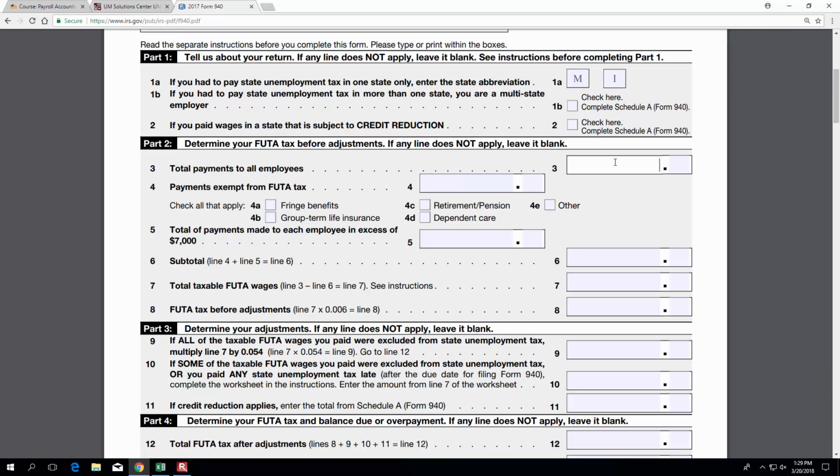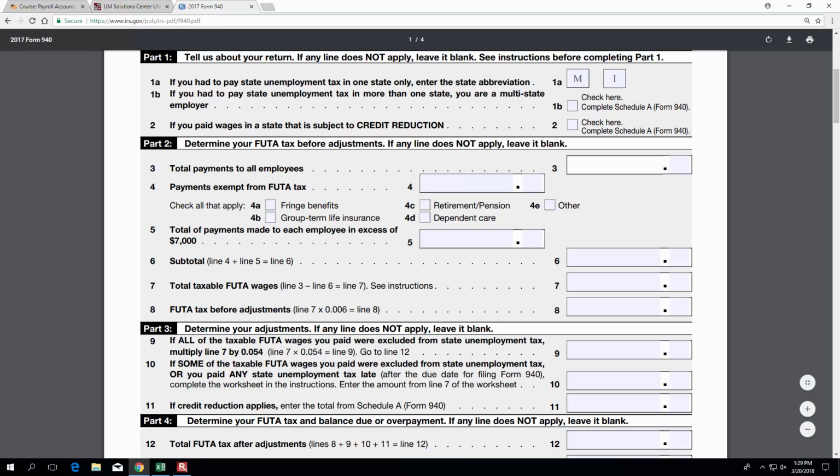Line 3 is total payments to all employees. What number was that? Then I'm just going to jump down to line 7 and key in the total taxable FUTA wages. And I think that we got that off of our matrix.